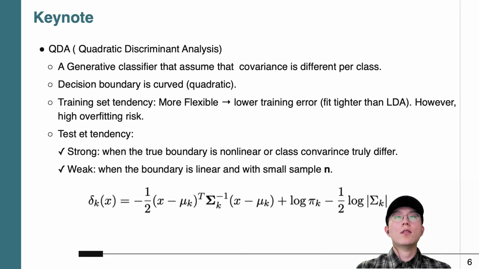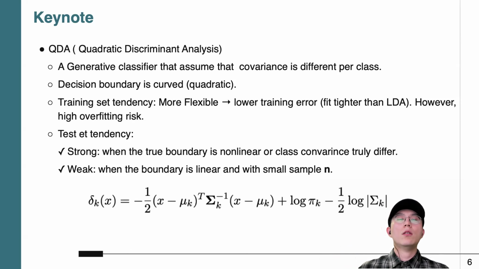On the train set, QDA is more flexible and usually achieves lower train error than LDA. But with a small n or high dimension p, estimating separate covariances can be unstable, increasing variance and overfitting. But with enough samples, it is best.